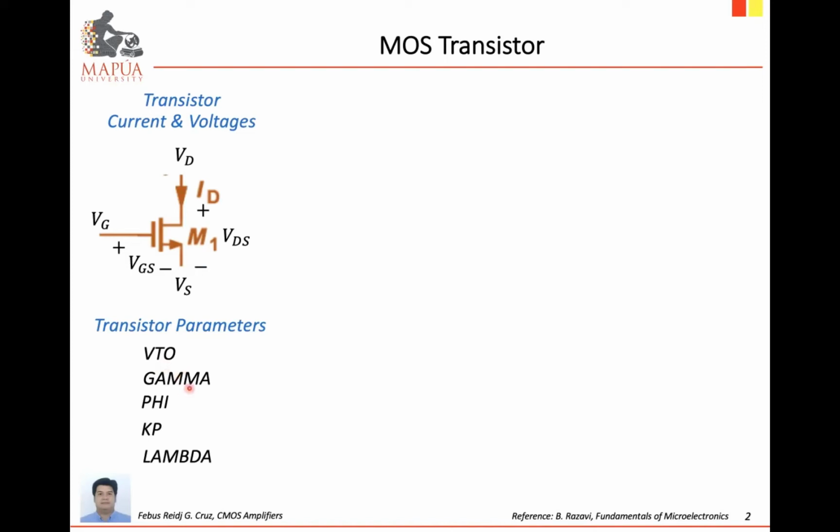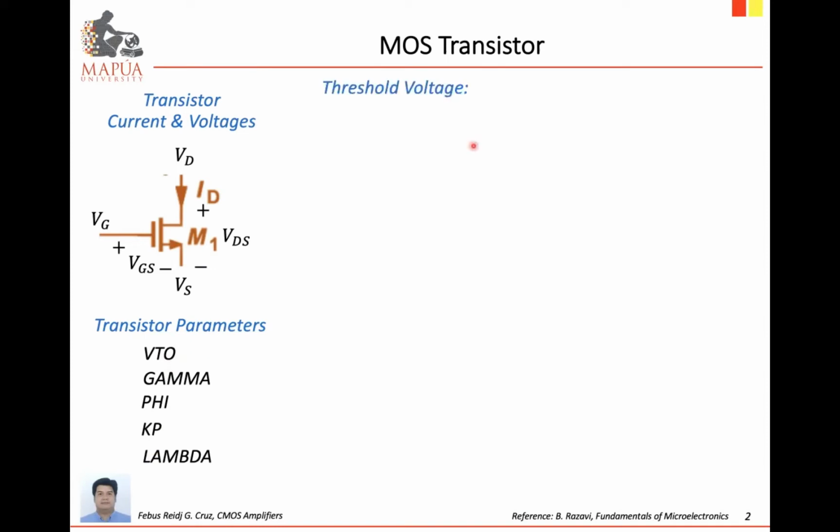Gamma is the body effect parameter. Phi is the surface potential during strong inversion. Kp is the transconductance parameter. Then lambda is the channel length modulation parameter. So these parameters are normally provided to describe a MOS transistor.